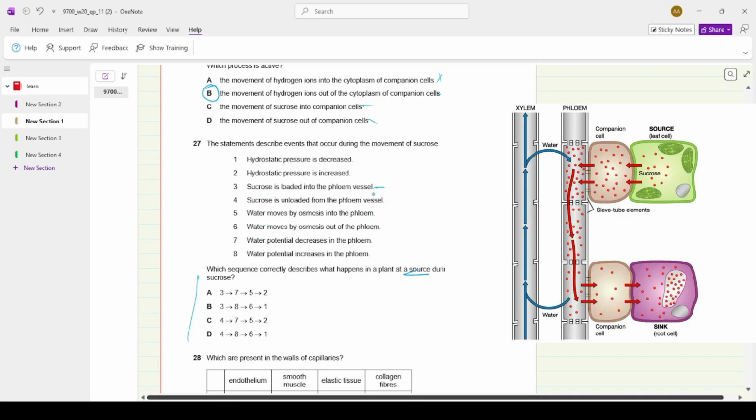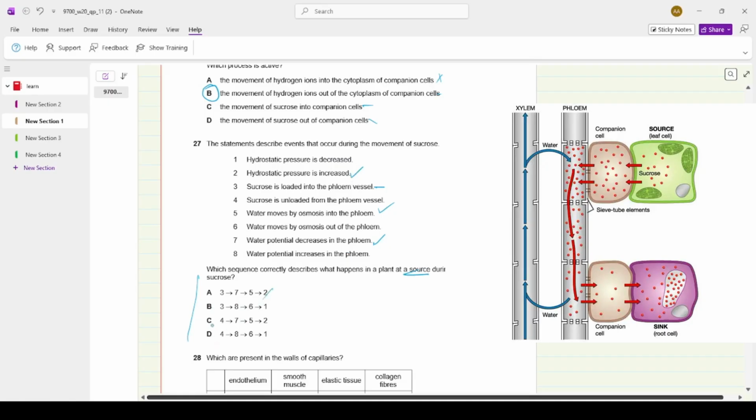Usually the water potential within the vessel will be lowered, and then this will be followed by water moving in, and then hydrostatic pressure. So let's check and see what happens next. They are saying 7, the water potential decreases, and that is true. Then 5, water moves by osmosis into the phloem all the way from the xylem, again that is also true. And then this pressure will be causing the hydrostatic pressure to increase. So A seems to be more probable.